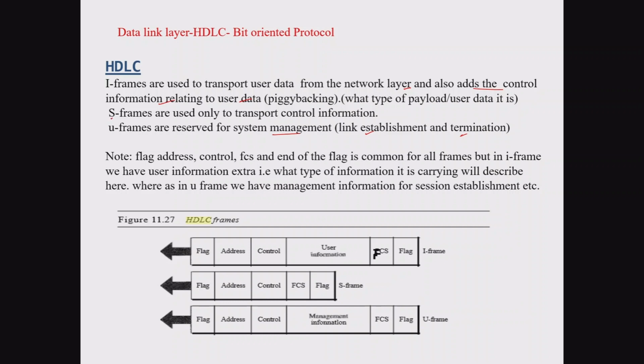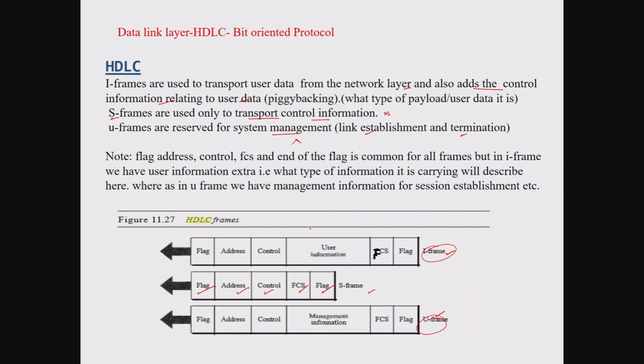Remember that the S frame is used only to transport the control information. It won't carry any user information or system management information. So this framing information we need to write from the exam point of view. If you observe, the starting flag, ending flag, address, control and frame check sequence are the same for all the frames.